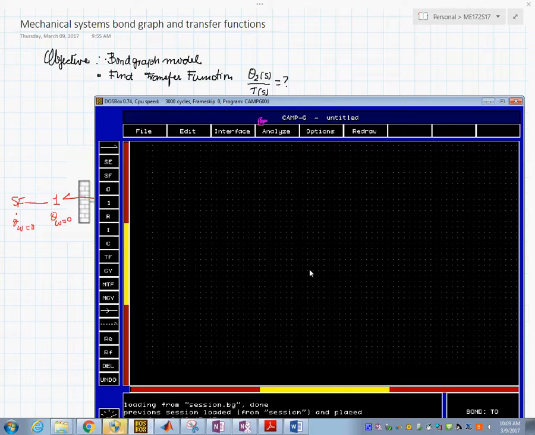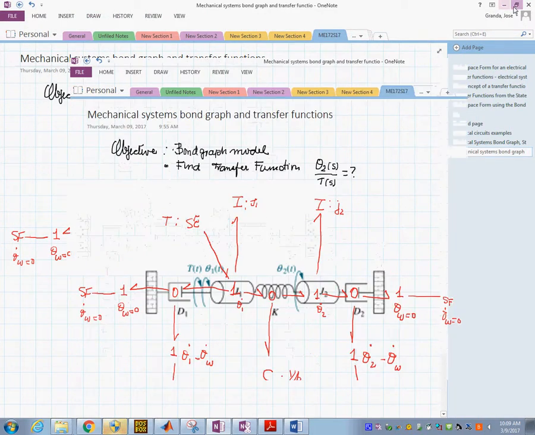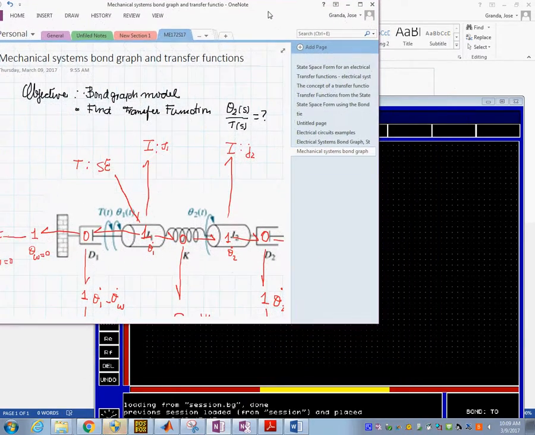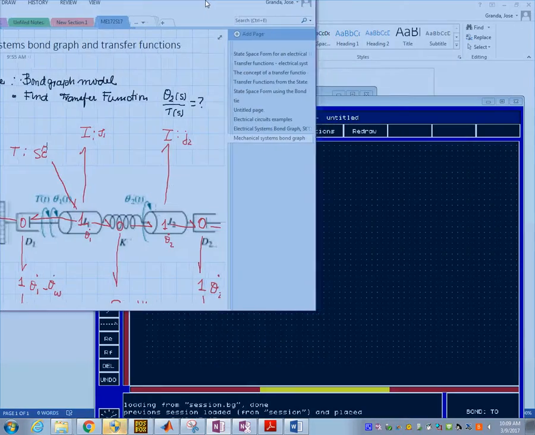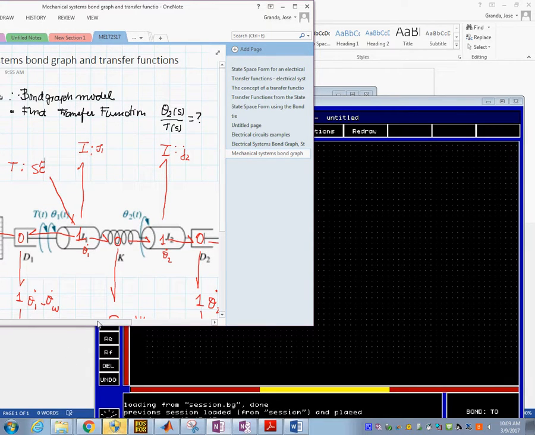So I think what we need to do is perhaps have it on the side so that I can take a peek as I am drawing in here.